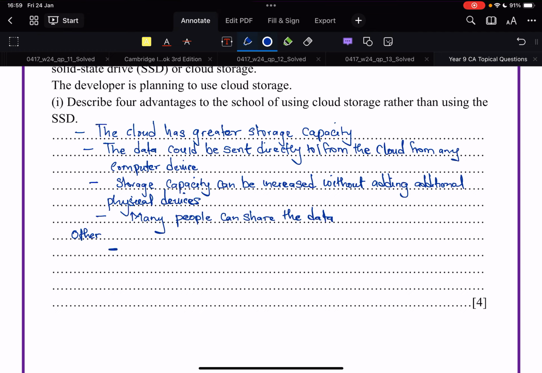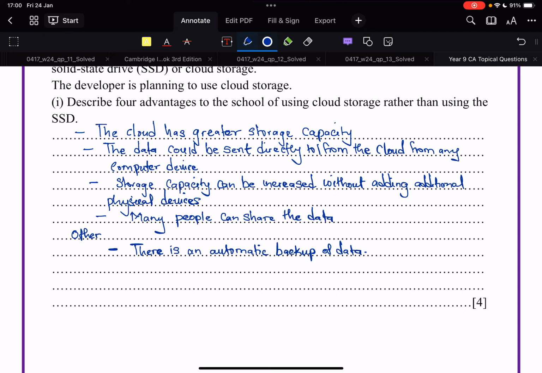I would say that there is an automatic backup of data. Okay, so that simply means that once you're done, there can be that automatic backup to the drive. So that simply means that in the case of any form of disaster, your information is safe.